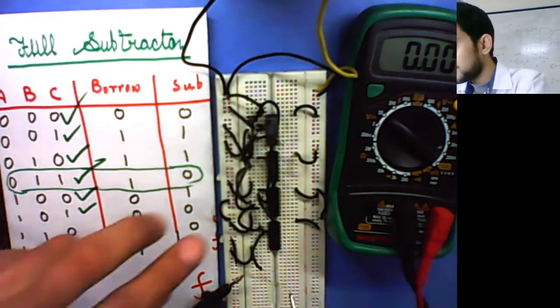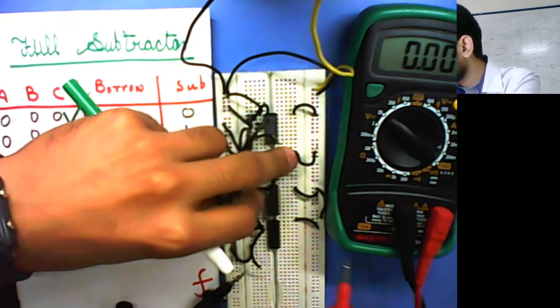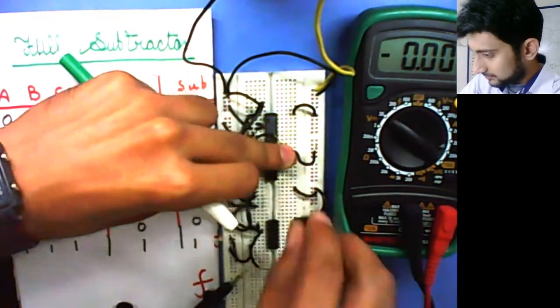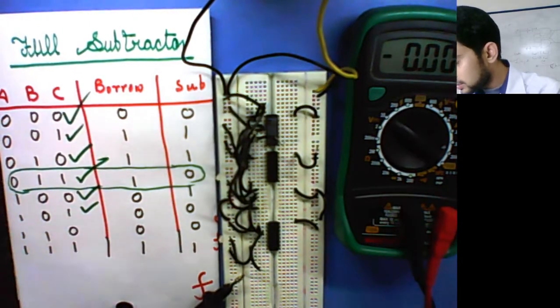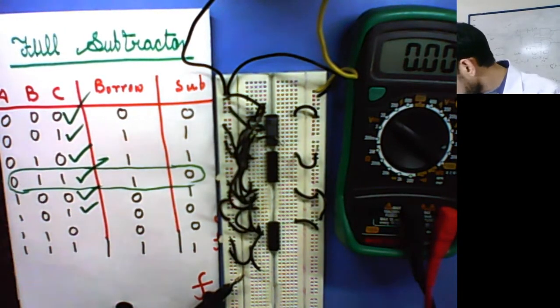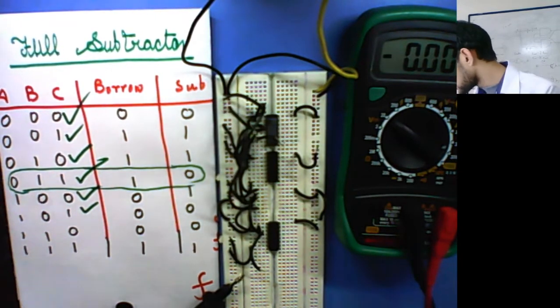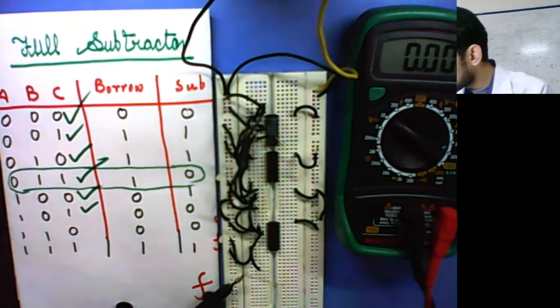First switch off. I have to remove this IC. This is 7408. Perhaps the gate may not be functioning properly, or the breadboard is broken from that particular part. It is 7408.